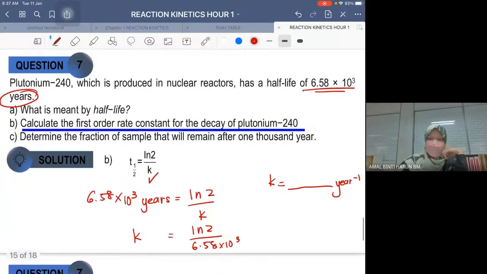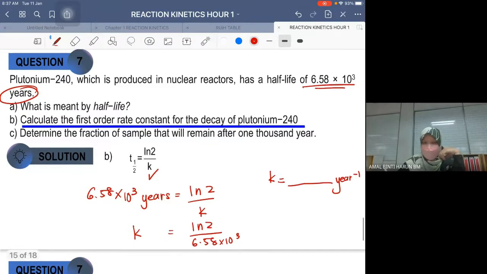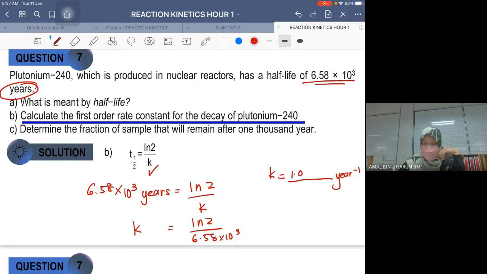Okay. Sekarang kata ln 2 divide by 6.58 exponent 3 per year. So you akan dapat 1.05 exponent negative 4 per year. That is the unit of rate constant K bagi first order.